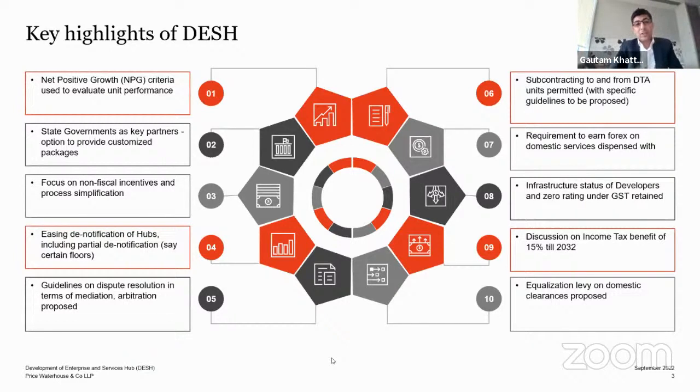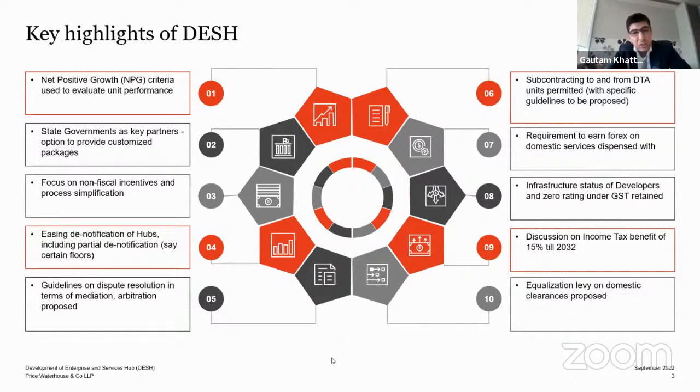What this entails is that a unit in a development hub can have more capacity building and can take in more work, even for units in the domestic market. So this is subcontracting to and fro domestic DTA units, which is being permitted in the DESH bill. Obviously, this will come with certain guidelines, such as whether there is a threshold limit up to which this subcontracting can take place. The moot question here would still remain whether services could be subcontracted or whether this is limited to only manufacturing.